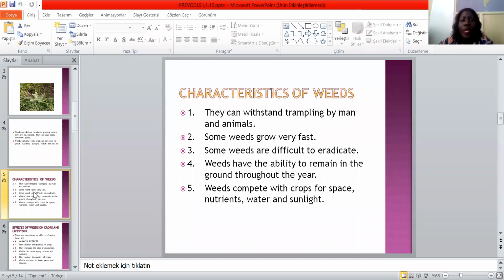Number 3 point is that weeds have the ability to remain in the ground throughout the year. I've mentioned conditions being favorable to them. If the seeds of weeds are in the soil and the weather is not favorable unto them, they have the ability to remain in the soil throughout the whole year.